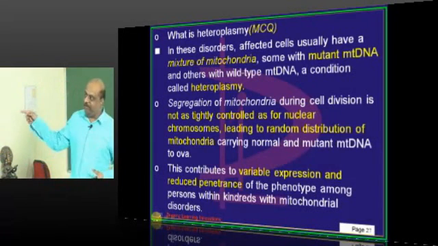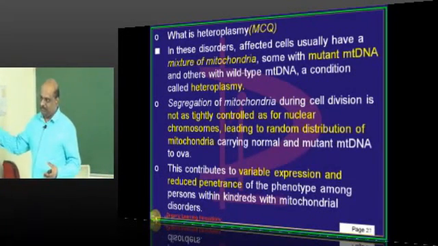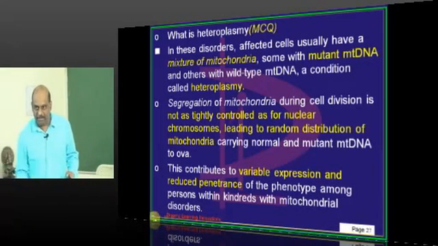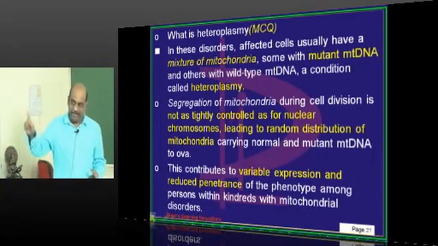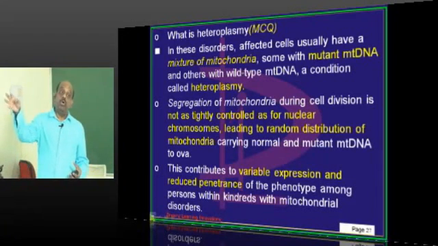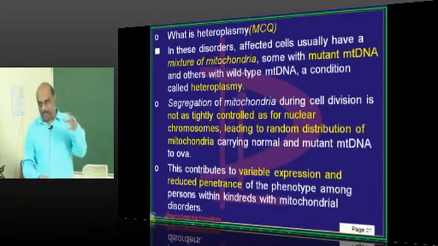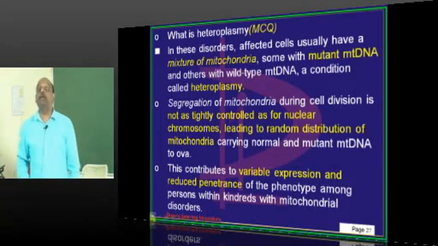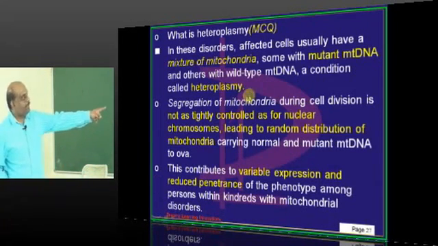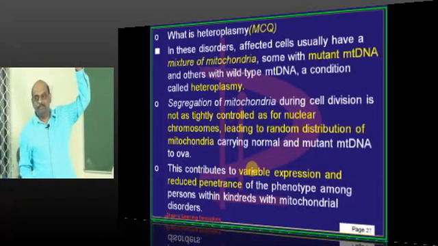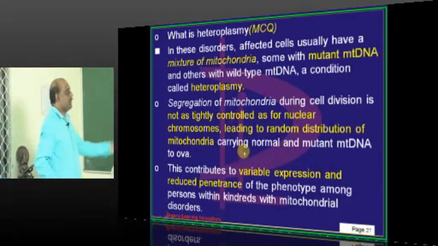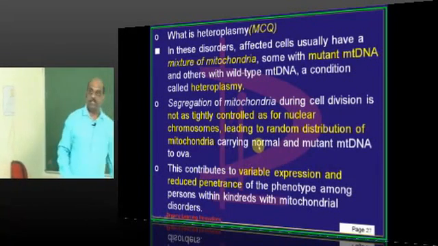That's the reason that when the mitochondrial DNA inheritance comes, good mitochondrial chromosomes and bad mitochondrial chromosomes, both will be there because of improper segregation, which is the nature of the mitochondrial DNA, unlike the strict segregation seen in nuclear chromosomes, is what you have to appreciate.